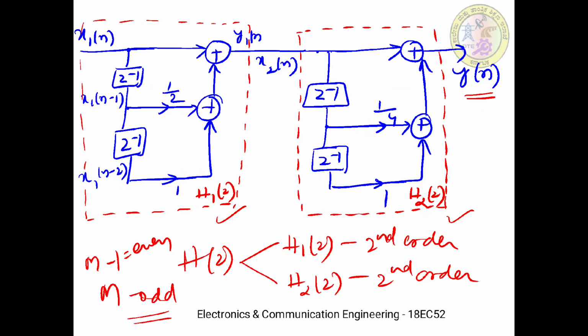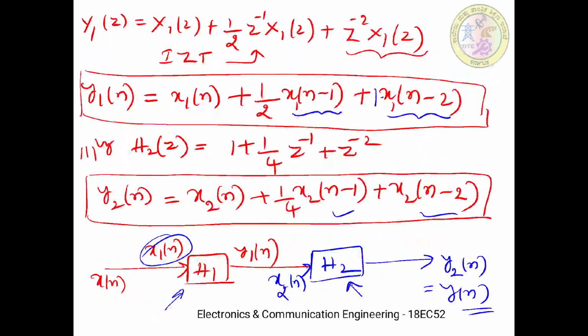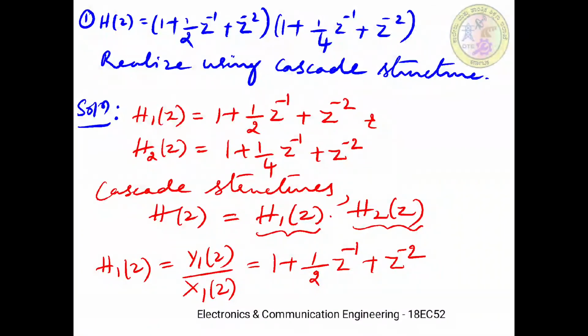Now this is the solution for the first problem, where h of z was factored and both factors were second order, also satisfying the condition that m is odd.